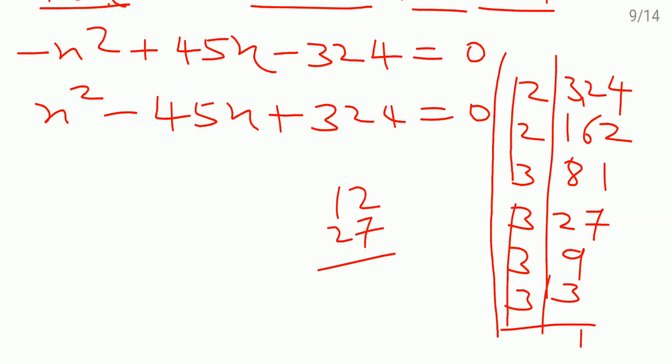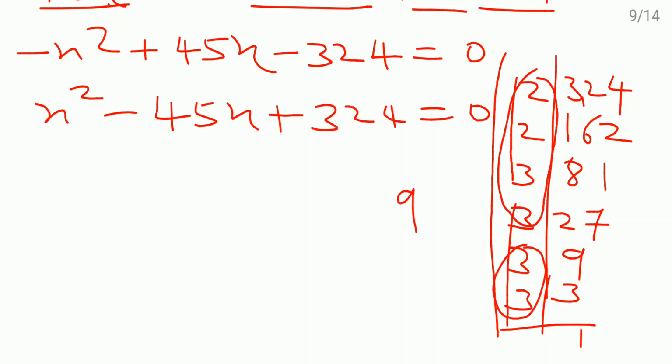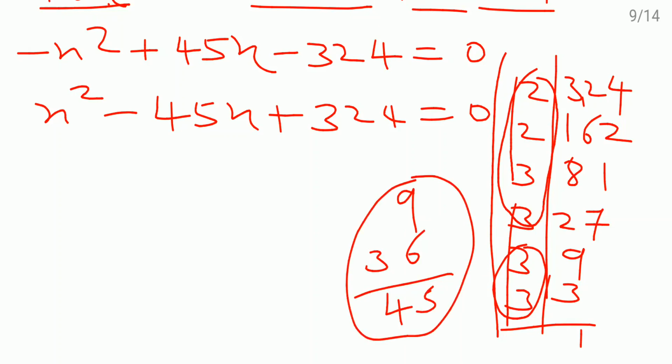The addition doesn't come to 45. So this grouping is not the correct one. We have to think about another group. So what will I do? I will take these numbers in one group and these two. 3 threes are 9, and 9 fours are 36. If I add these two numbers, I am getting 45, correct? So this is the right one.